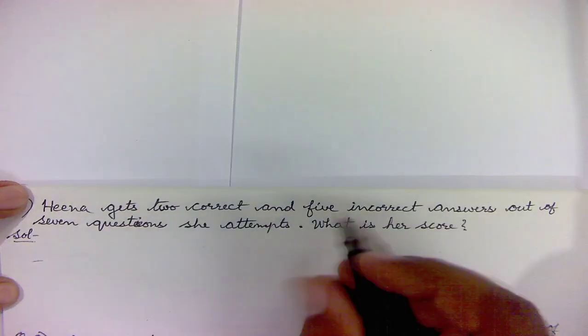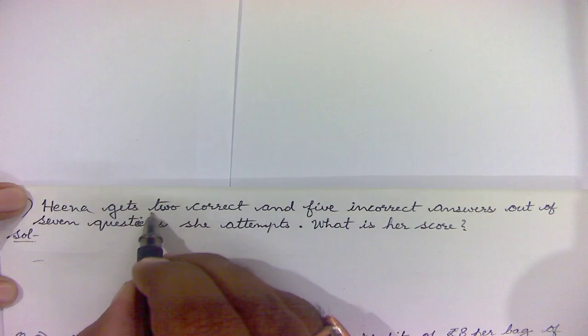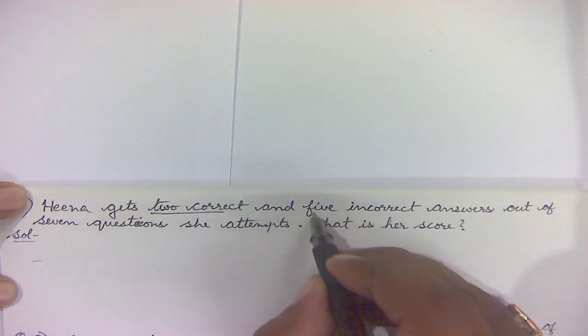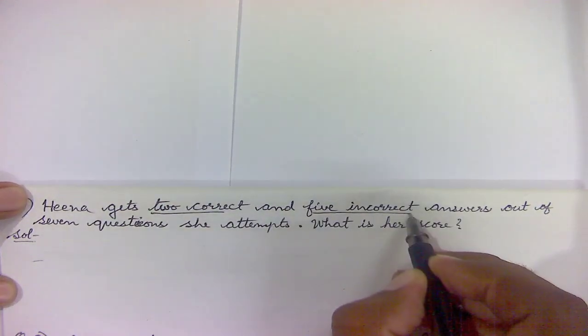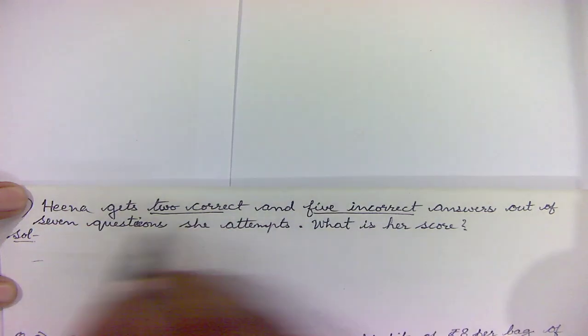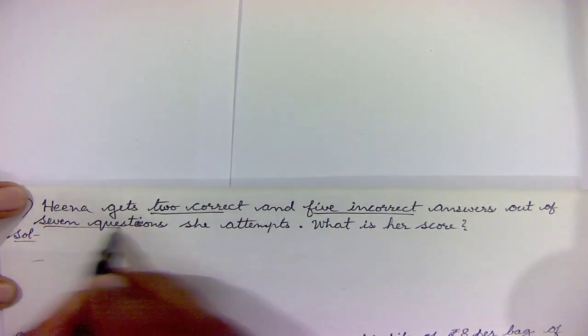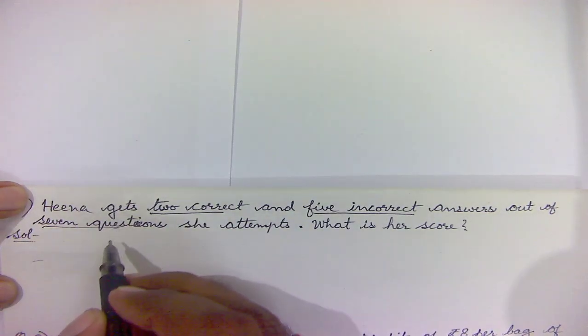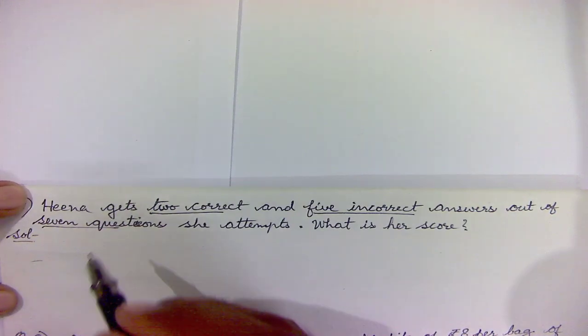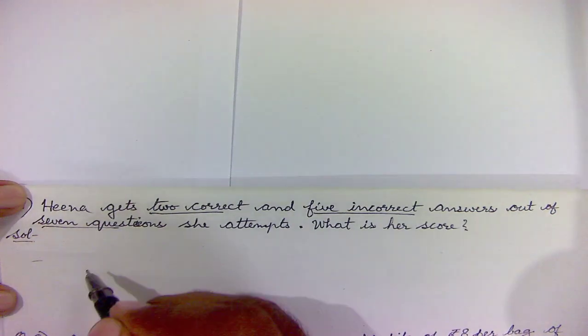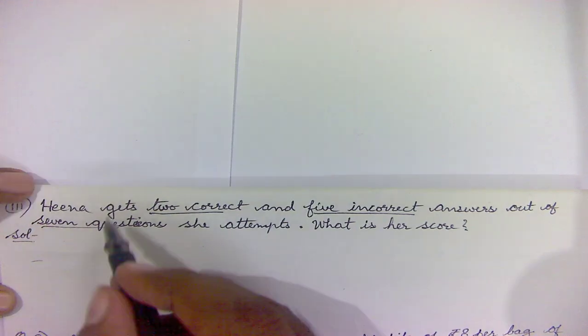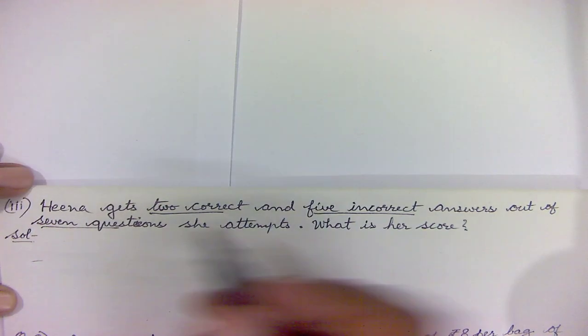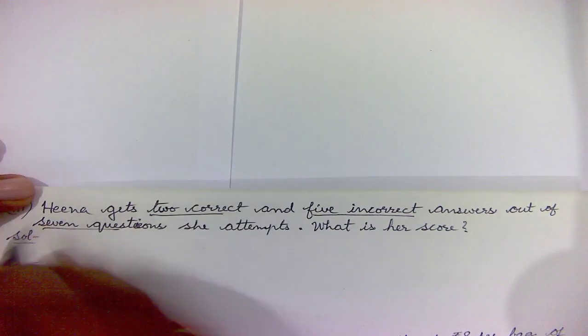Now, total 10 are there, out of which she is getting 2 correct and 5 incorrect. So these are only 7 questions, means she has attempted only 7 questions and she has left 3 questions. So for 3 questions, how many marks she will get? Those which are unattempted, 0 marks. So that is no need to be calculated.